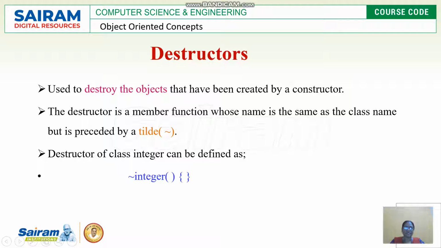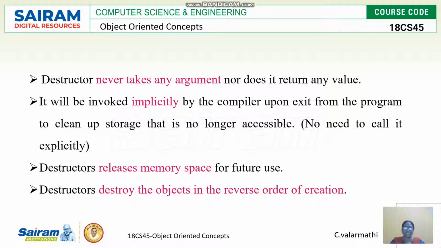For example, if Integer is my class name, the destructor of that class will start with the tilde symbol followed by the class name, with no arguments. So it will not take any arguments.